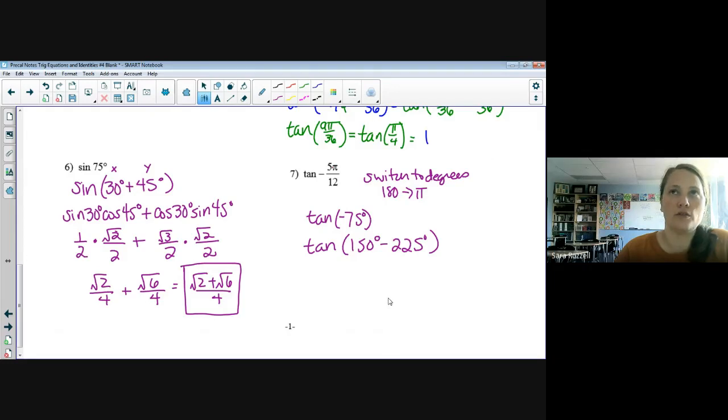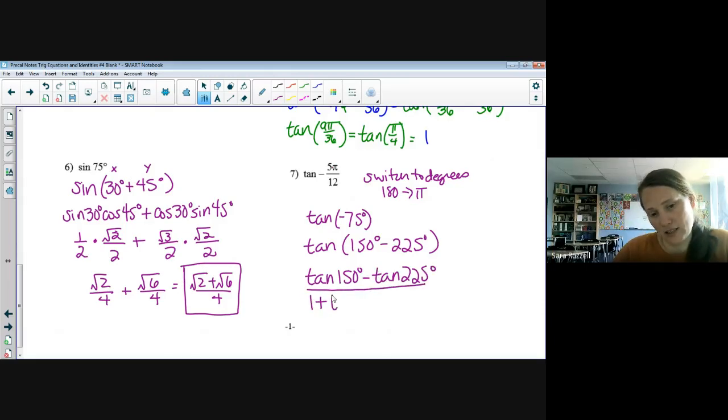Okay, now I'm going to use the tangent formula. Do we use the plus or the minus? The minus. We're going to do the tangent minus formula. So that's tangent 150 degrees minus tangent 225 degrees over 1 plus tangent 150 degrees times tangent of 225.